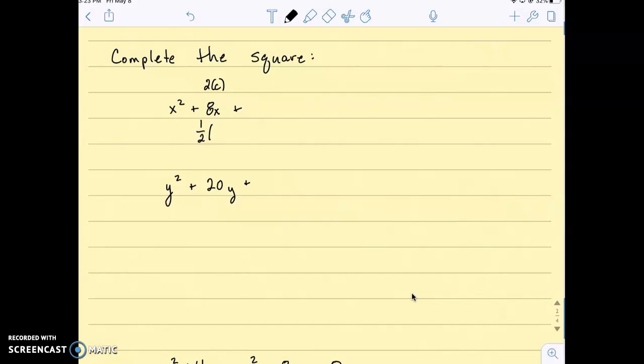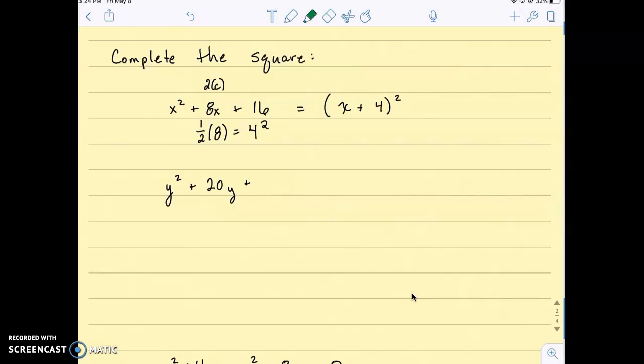In this case, I'm going to write 1/2 of 8. 1/2 of 8 is 4, and this is called completing the square, so I'm going to square 4, and that goes here. What I can do now is I can write this group of values, this expression, as x plus 4 squared, thus completing the square.